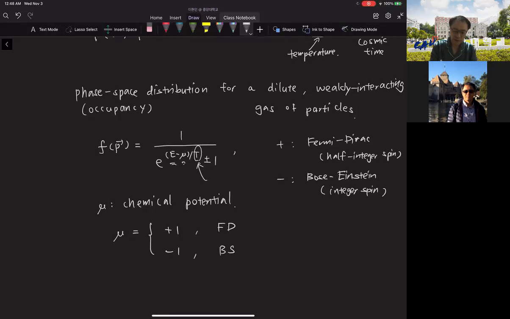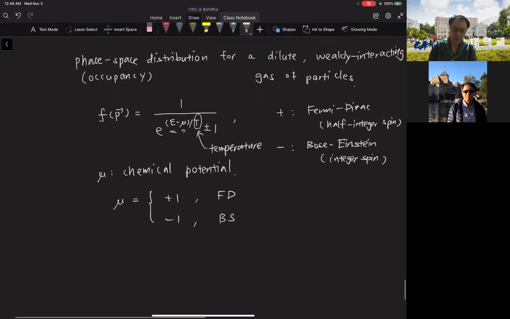So this is the temperature. We can determine the phase space distribution as a function of temperature.